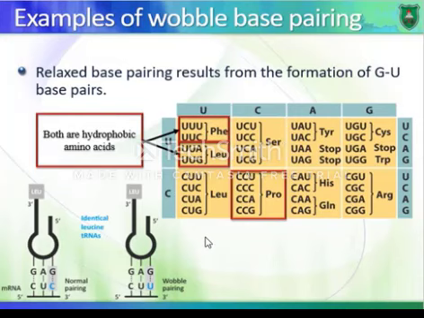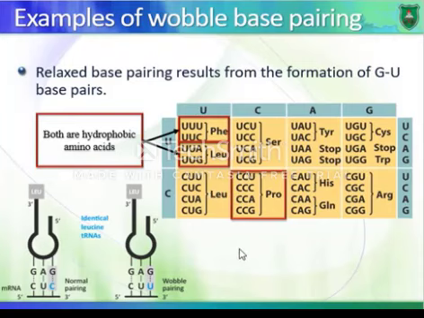What kind of benefit can such wobble base pairing provide? تذكر حكينا عن اللي هو silent mutations. Sometimes if a mutation occurs in the third base of the codon, that will change the nucleic acid sequence, but will not change the amino acid sequence.